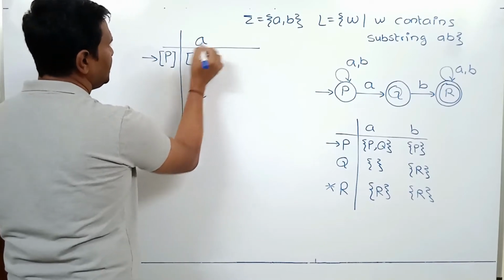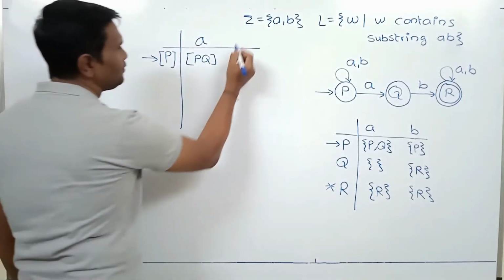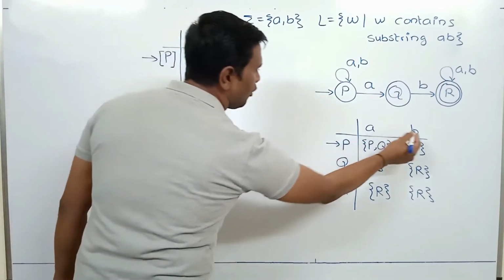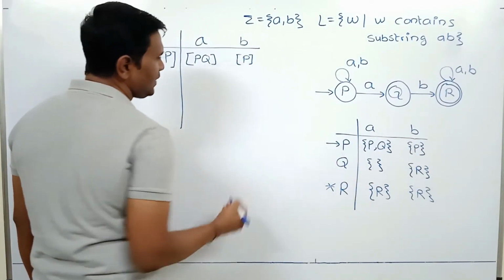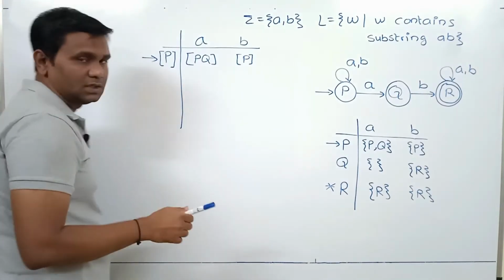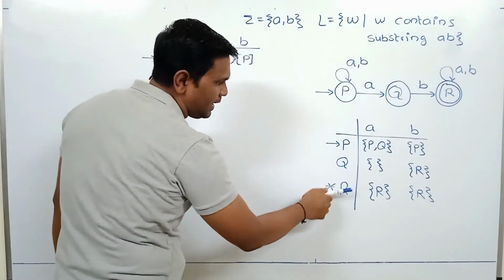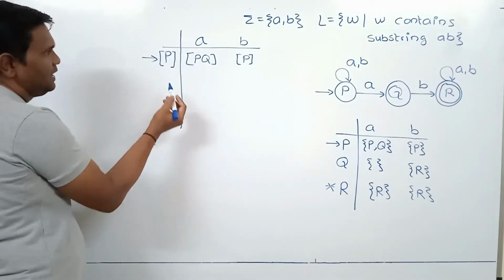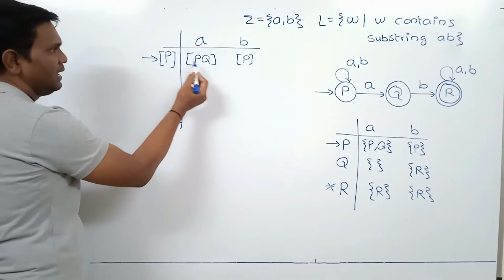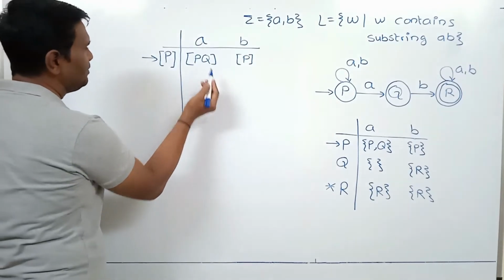In DFA, P on A goes to state PQ. P on B goes to P. Now we will not continue with writing states Q and R. We have to consider states reachable from the initial state of DFA. So from P, the next reachable state is state PQ.